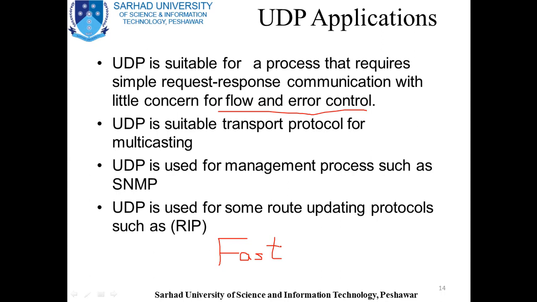This is route updating protocol, RIP. UDP is used by several routing protocols, and you will have to tell the network layer or the IP layer that you are using UDP, so that it can choose a protocol for you that is also compatible with UDP.